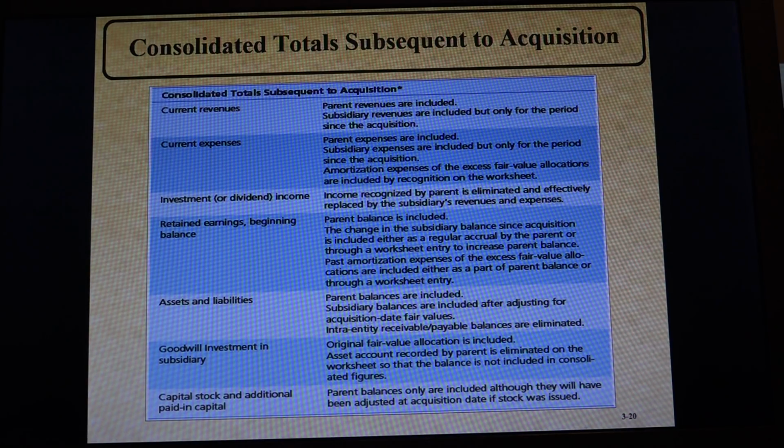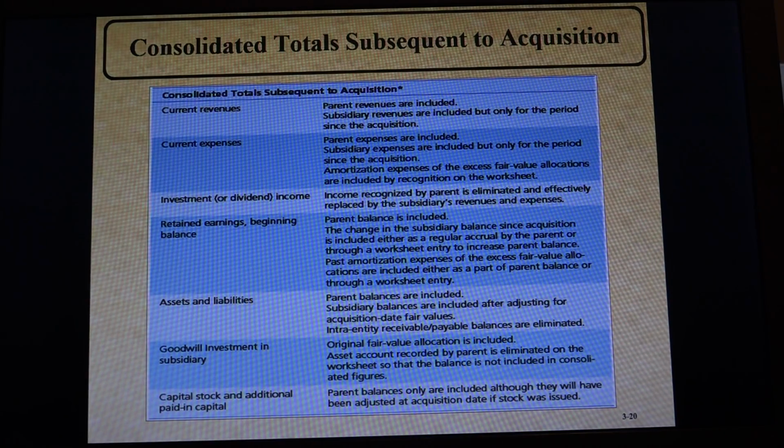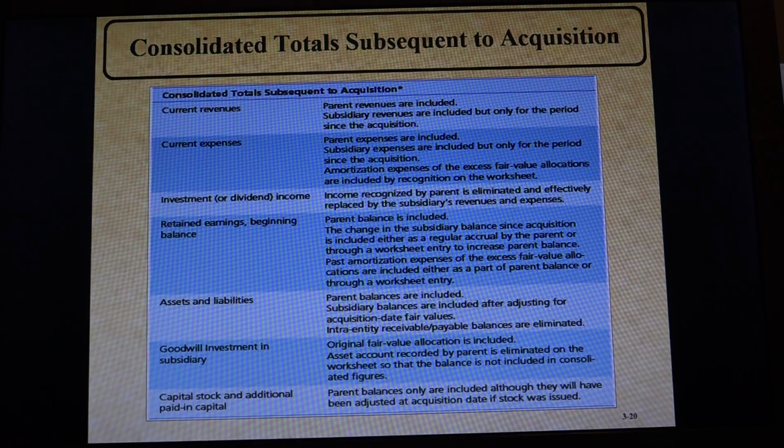So actually, you know, if you want to start with the S, you've got 600,000 plus the 220 in net income minus dividends declared.